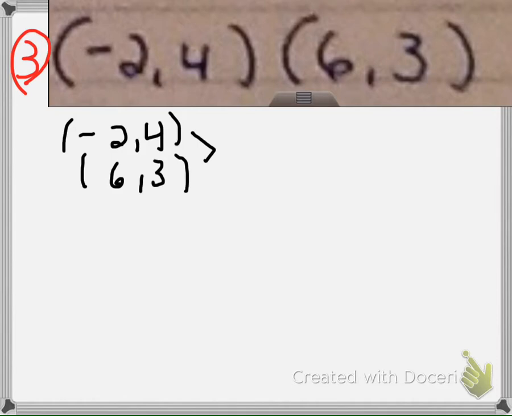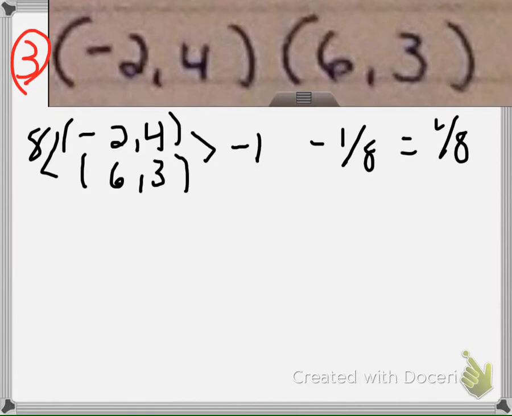So from 4 to 3, this has a rise of negative 1. And from negative 2 to 6, this has a run of 8. So my slope of my line is negative 1/8, which I can write as 1 over 8 because, as you know, the slope of the line in this case is also the length of the legs of the triangle, and they have to be positive because you can't have negative length.